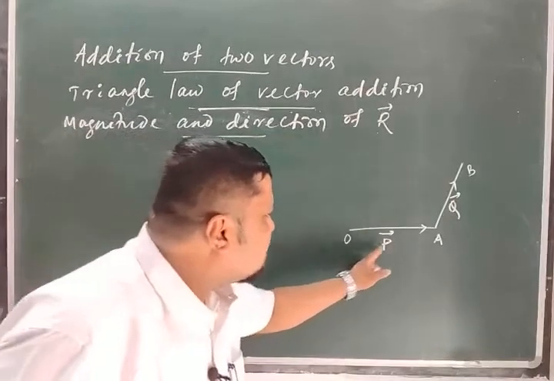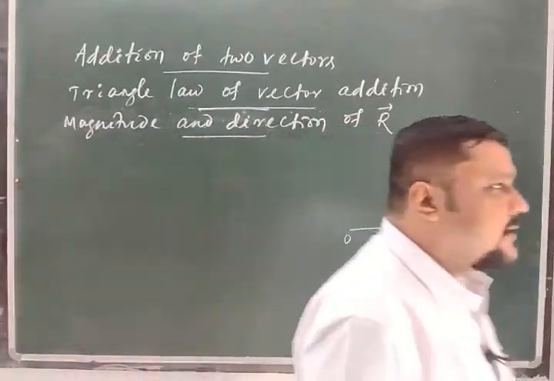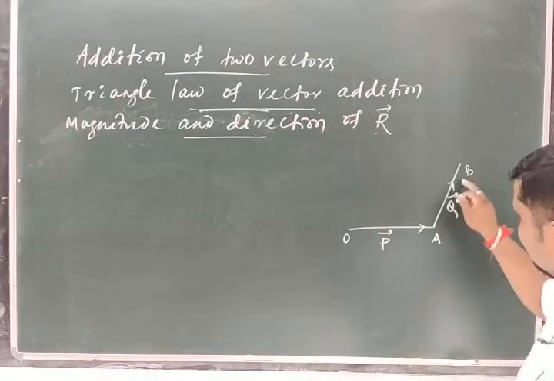The two vectors P and Q are represented by the two sides of a triangle taken in the same order.